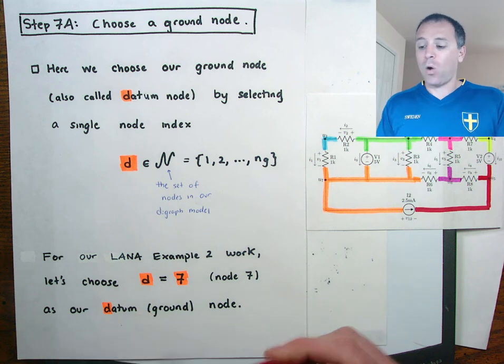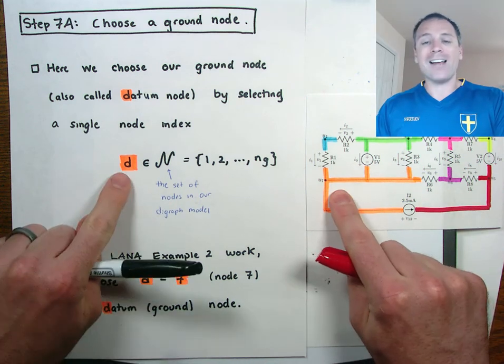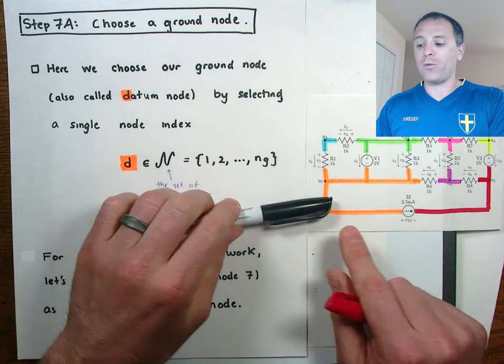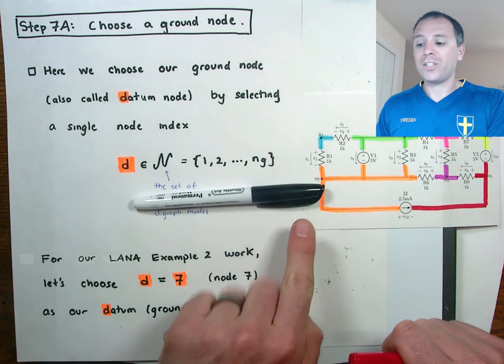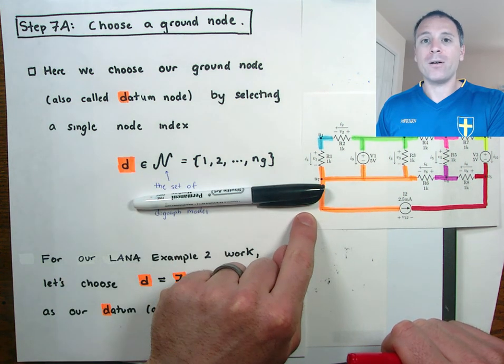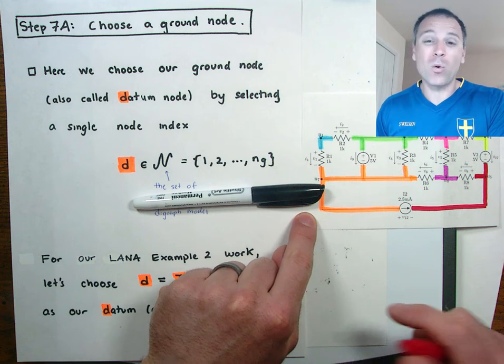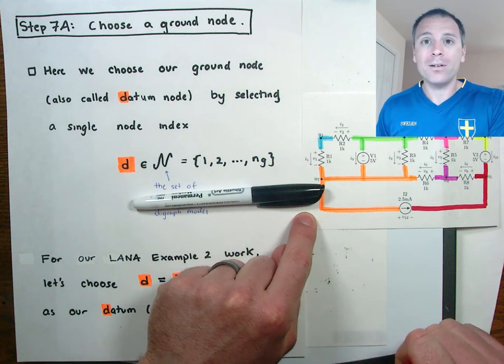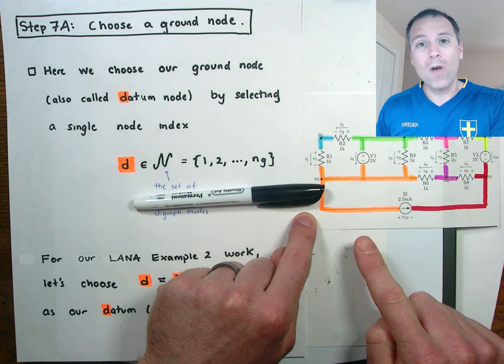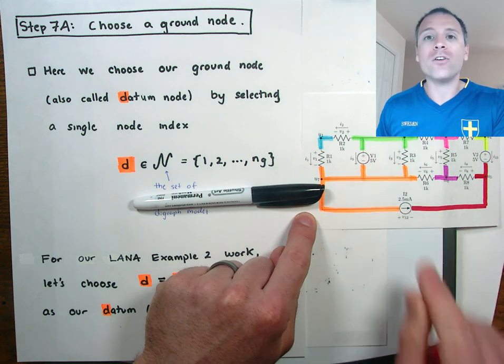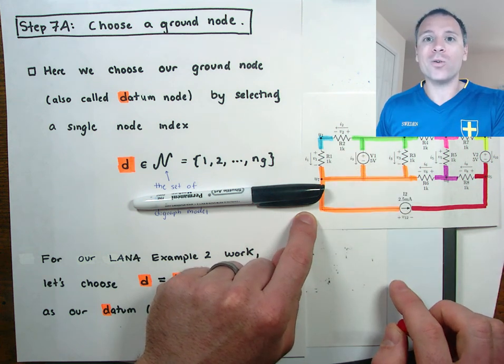In this case, we're going to choose node 7, so I highlighted it in orange to make that really clear. That is the node to which I attach the negative lead of our multimeter. It's my ground node, or the datum node, or the reference node. All other nodes are non-ground nodes.